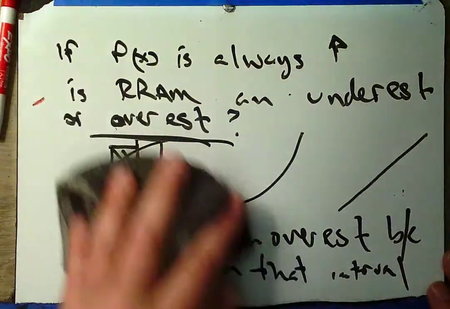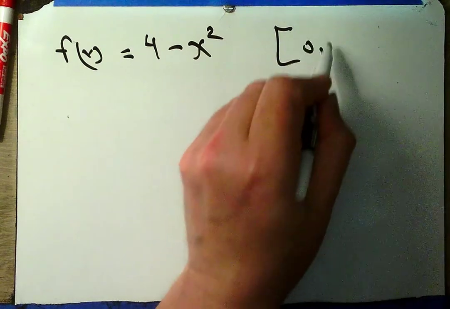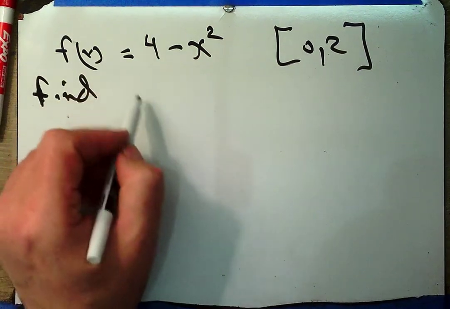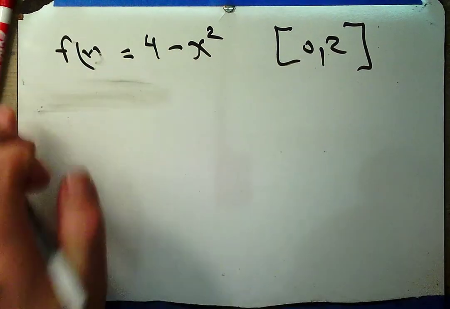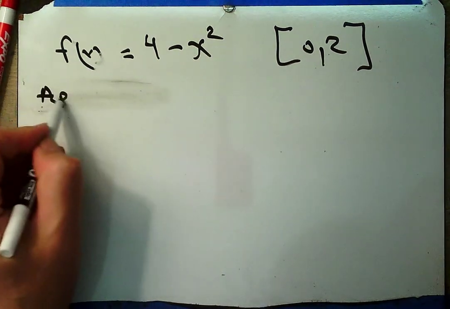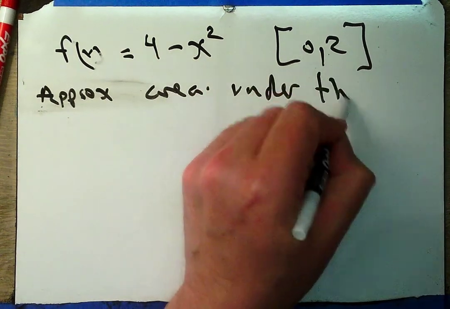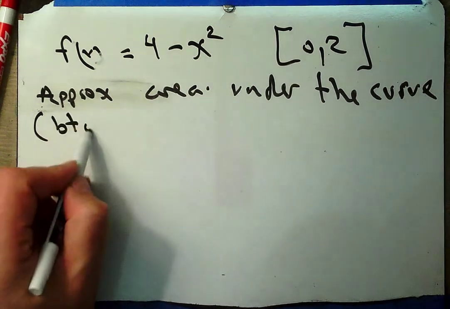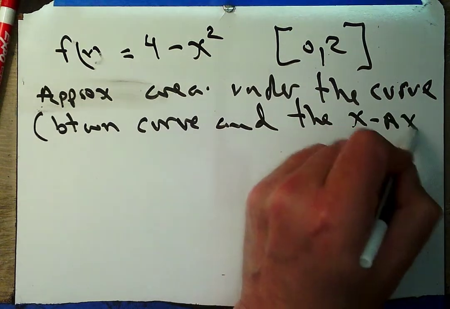So here's your reviewy problem: f of x equals 4 minus x squared on 0 to 2, and estimate, or approximate, the area under the curve. And by the way, under the curve really means between the curve and the x-axis.